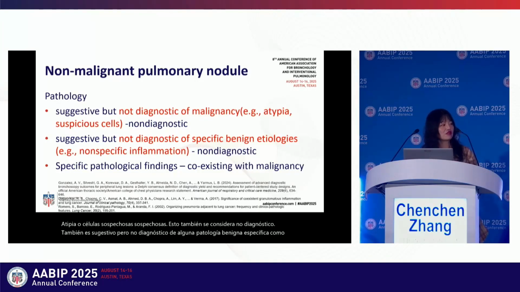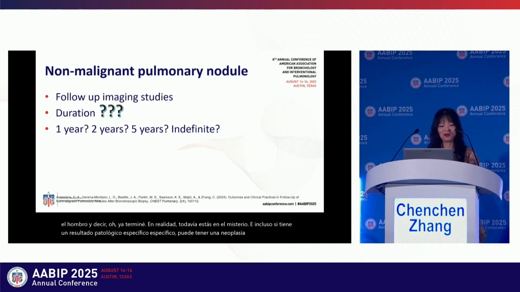So when you see those things, you can't just pat yourself on the shoulder and be like, oh, I'm done. You're actually still in the mystery. And even if you have a specific pathological result, you may have a coexistent malignancy, so you may still be in trouble. So what do we do? You probably do have to follow up with imaging studies, but how do you follow up?